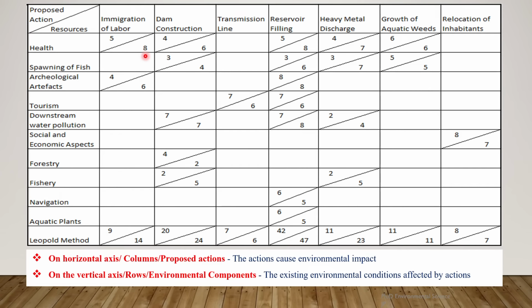Let's take the example of health quality under immigration of labor. Here you can see the top division, 5, indicates the magnitude of the impact, and the bottom division, 8, indicates the significance of the impact. The overall impact score would be the product of significance and magnitude, that is 5 times 8, 40.